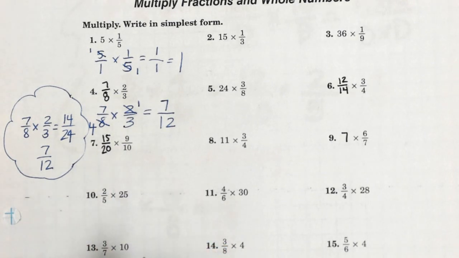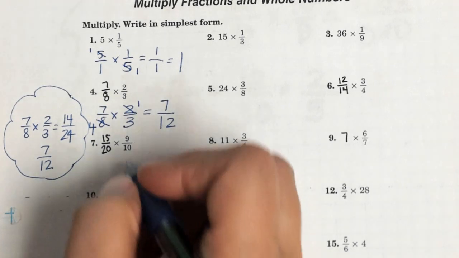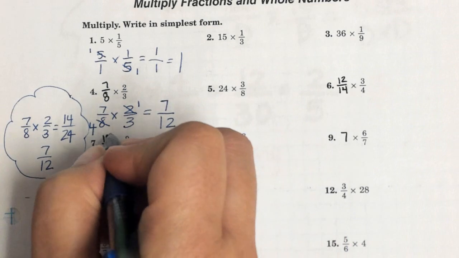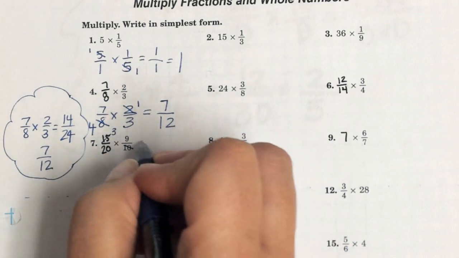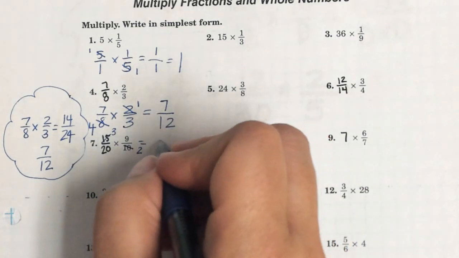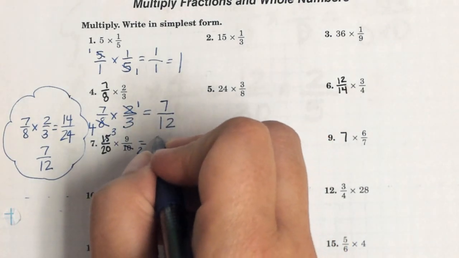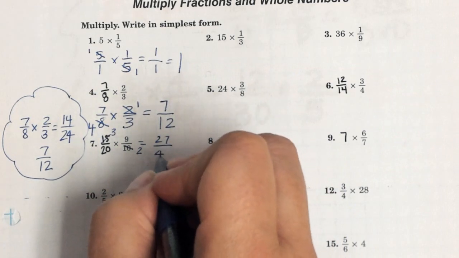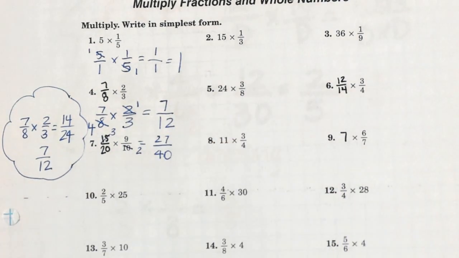What about 15 and 10? 5. So 5 will go into 10 two times. 5 will go into 15 three times. Now when I multiply, 3 times 9 gives me 27. 20 times 2 gives me 40. And at this point, I can't simplify anymore.